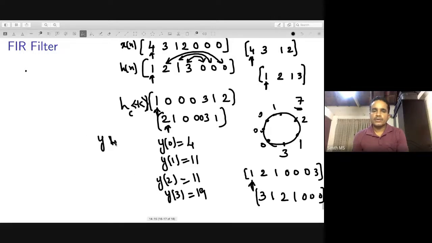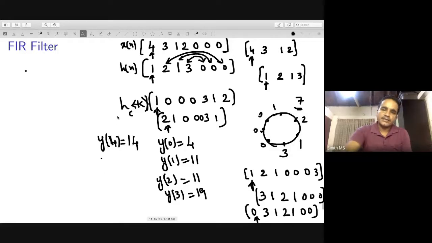Again you do circular shifting. So you get 0 3 1 2 1 and again 2 zeros. When you multiply these two and add, 4 into 0 is 0, 3 into 3 is 9, 9 plus 1 is 10, 10 plus 4 is 14, and all the others are 0. So this is 14.